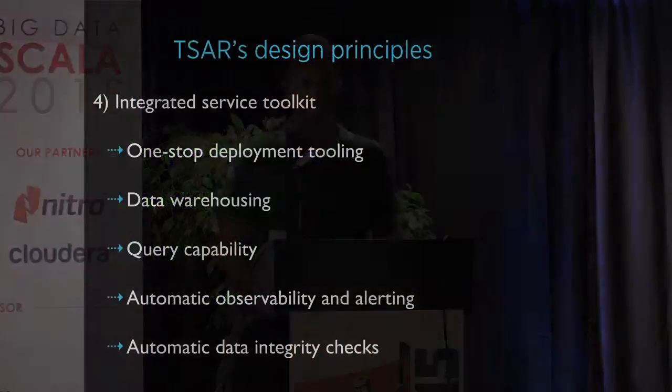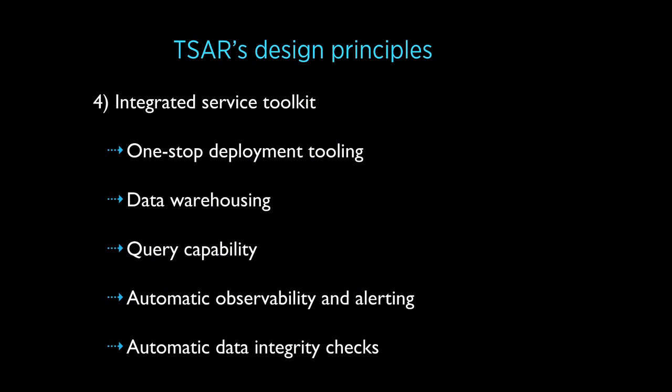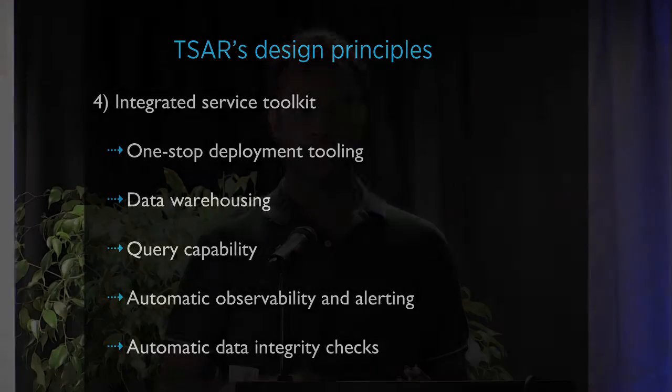And then the fourth one is that we provide an integrated service toolkit. What this means is any analytics pipeline at Twitter has to be robust. So you need to have observability and alerting on your real-time jobs, on your offline jobs, and on your query service. You want to have some form of anomaly detection.